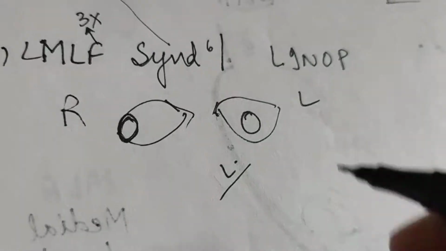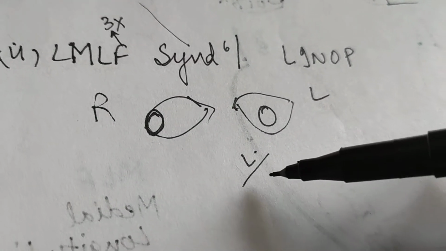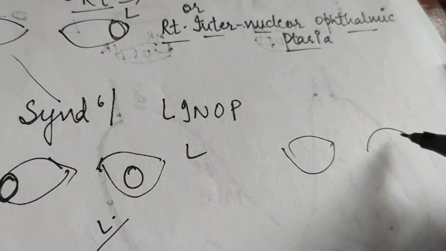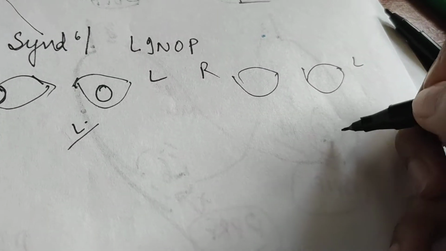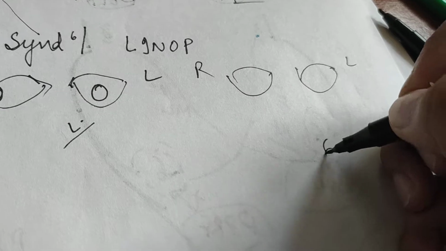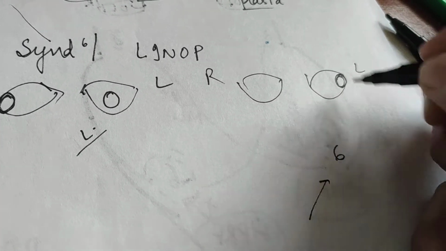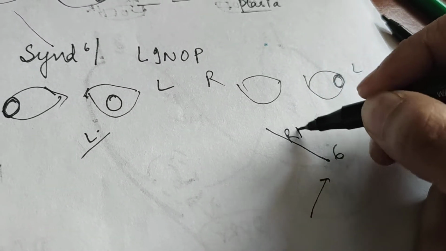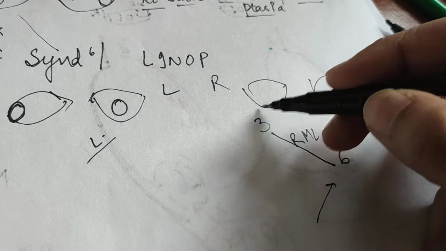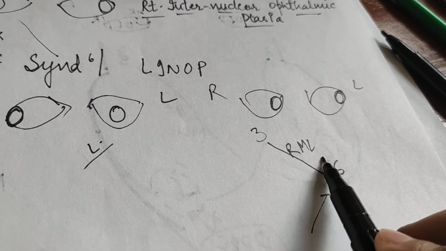If this person who has the left medial longitudinal fasciculus damaged wants to look towards the left side, the sixth cranial nerve is stimulated, it will look towards the left side, and this will connect through the right MLF to the third cranial nerve and its medial rectus, because the right MLF is working.